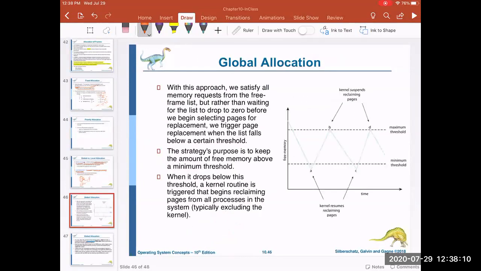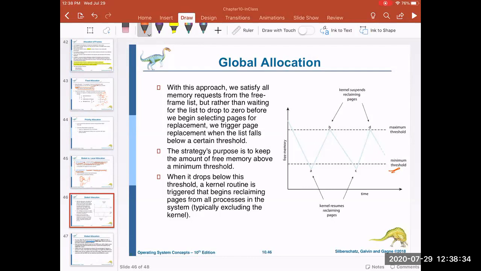Now there is a maximum and minimum threshold for the free space to be kept. Let us suppose there is always a free frame list, so some proportion is always given to the free frame list. The operating system keeps checking the free memory in the RAM.